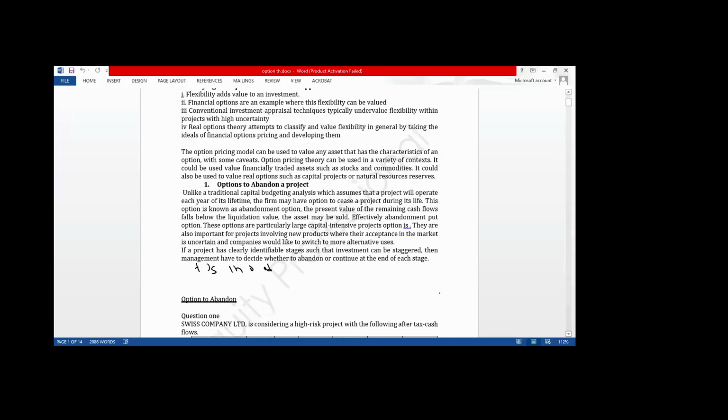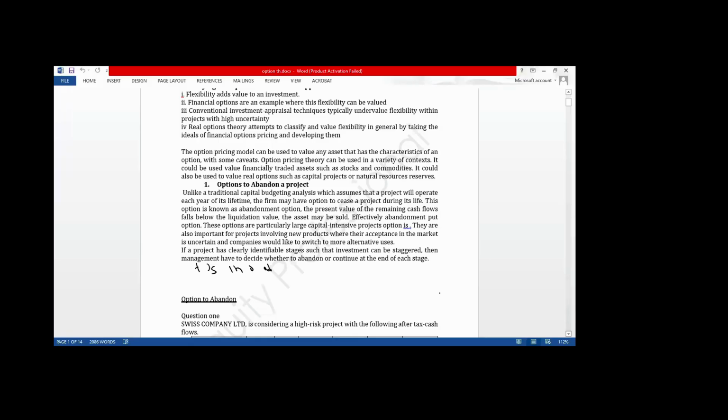However, where project expectations are not met, the company can decide to abandon the project pathway and dispose the project.